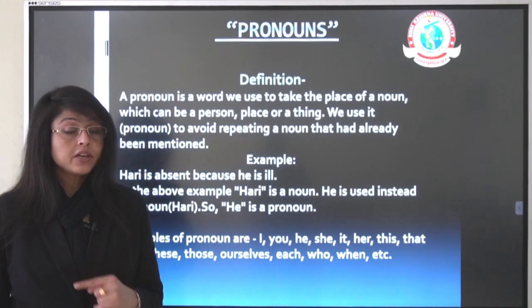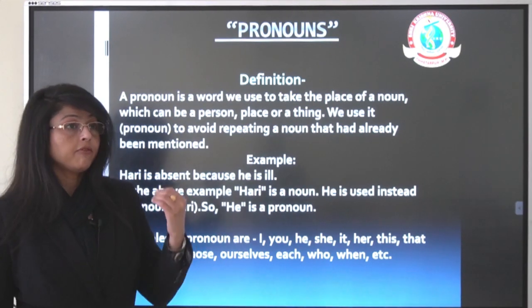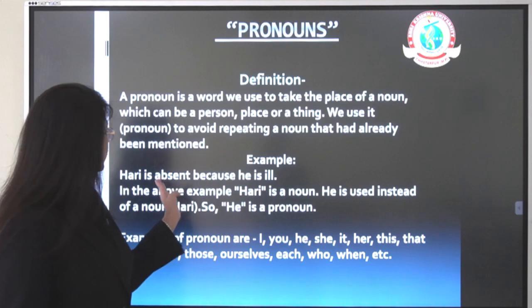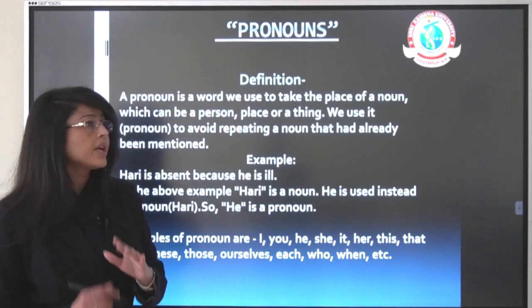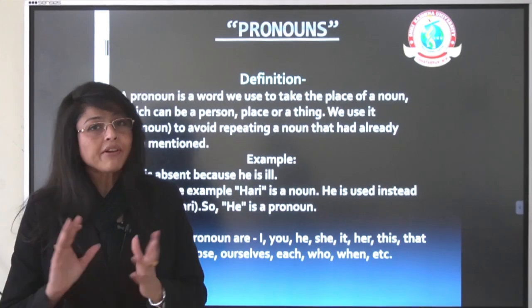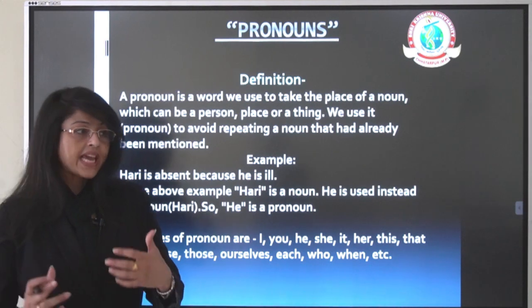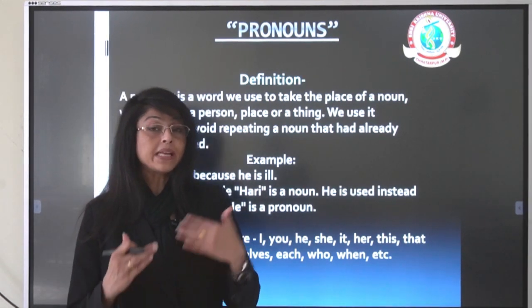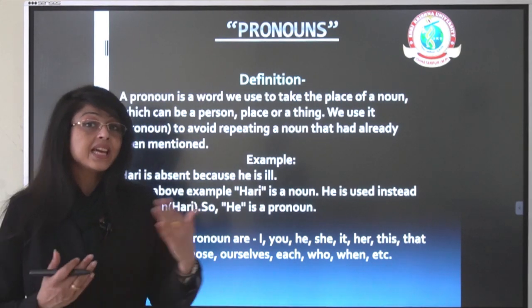You all know what a noun is. For example, as I have given here, Harry is a noun: Harry is sleeping, Harry will wake up in the morning. So instead of saying Harry multiple times in a sentence, you can replace it with he.